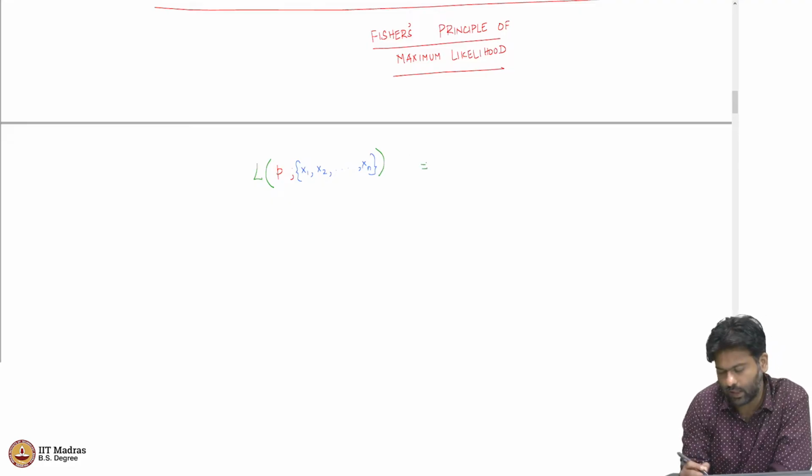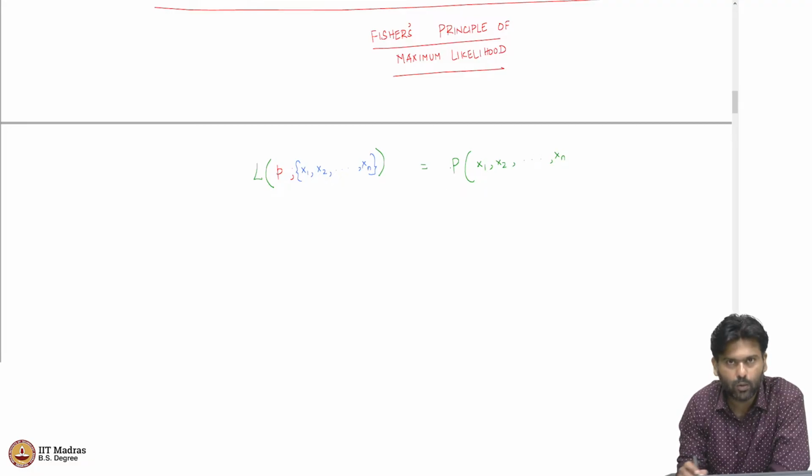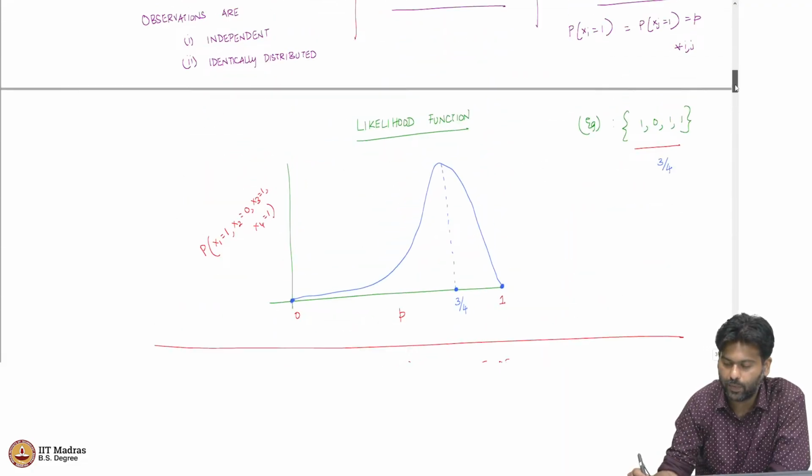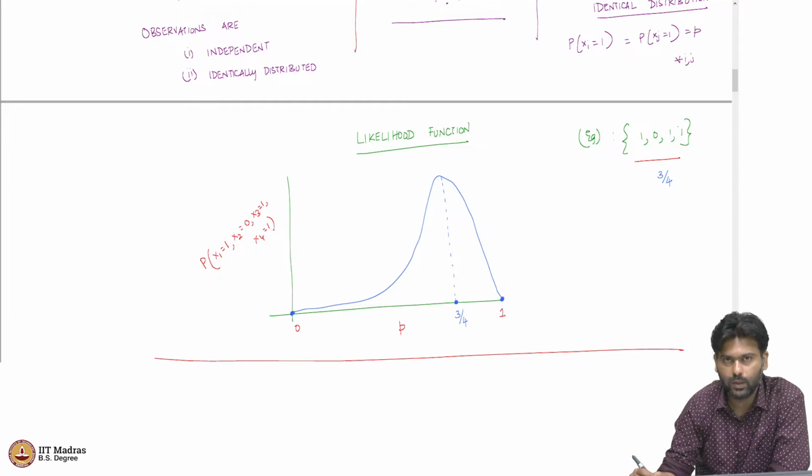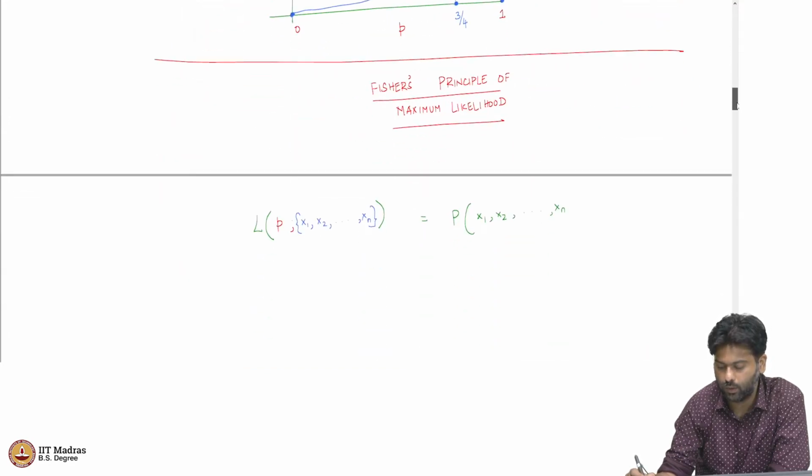Now, how do I write this? I will write this as the probability of seeing x1, x2, dot dot dot, xn. When I write this, it means the specific value that each of these x1 to xn takes. In this case, it would be x1 equal to 1, x2 equal to 0, x3 equal to 1, and x4 equal to 1, and so on.